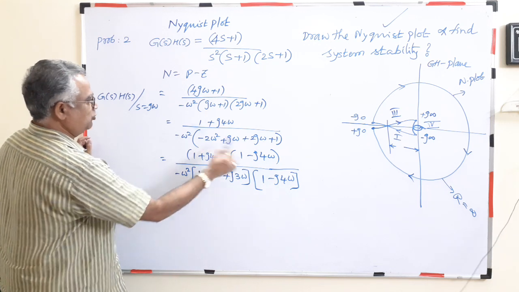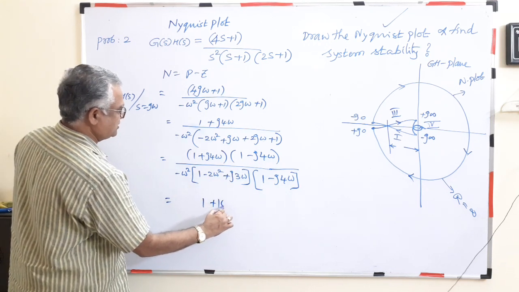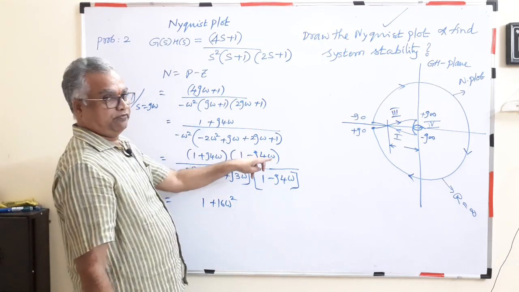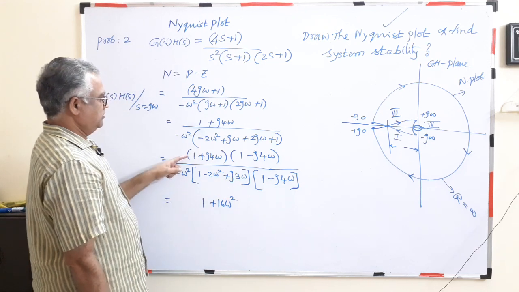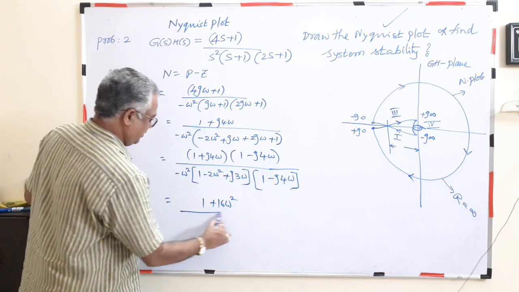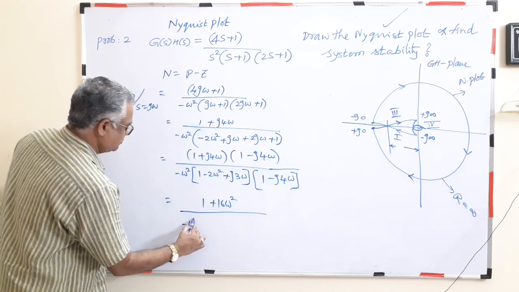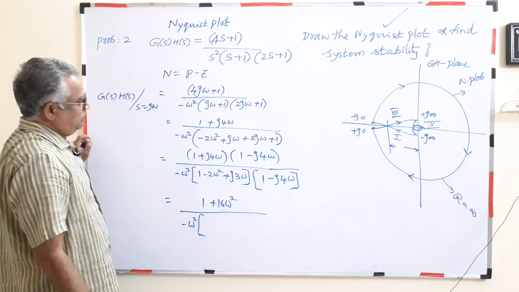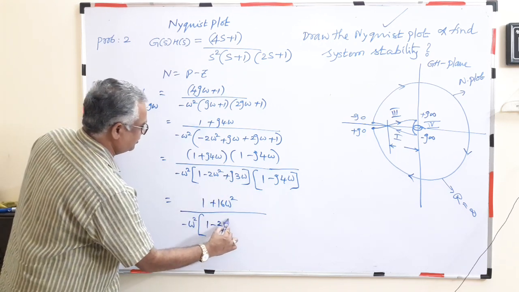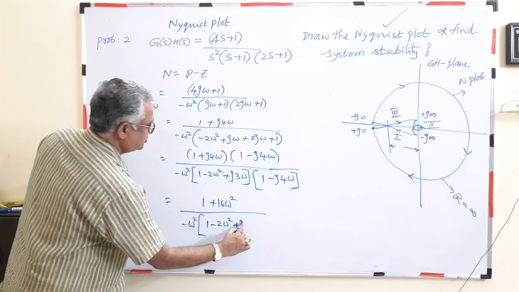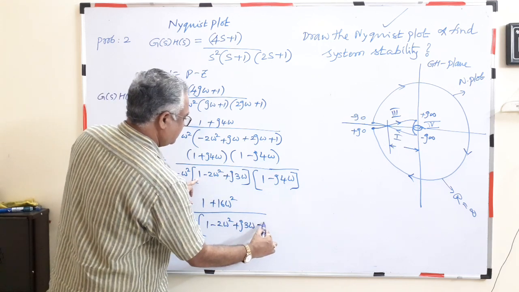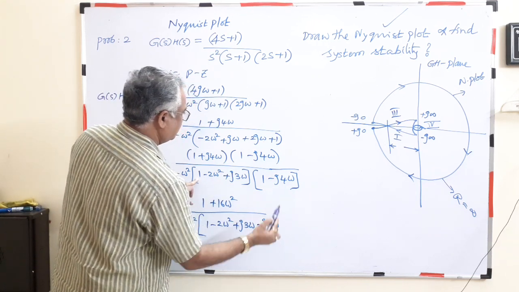So what is effectively the numerator? 1 plus 16 omega square, since (x plus jy)(x minus jy) equal to x square plus y square. So 1 plus 16 omega square by minus omega square. Now I multiply 1 minus 2 omega square plus j3 omega with minus j4 omega.